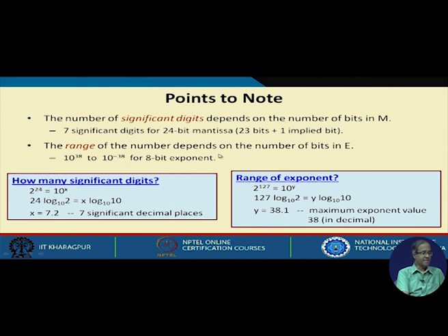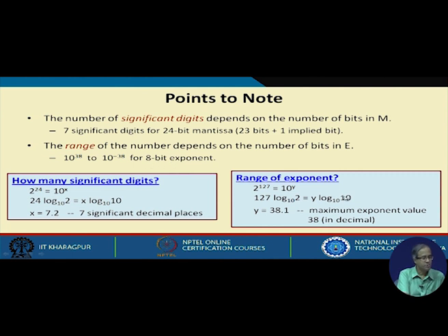Similarly, for the exponent in a single precision number, you have 8 bits, and this exponent can be either positive or negative, 2 to the power plus something or 2 to the power minus something. This 8 bit field you can regard as a 2's complement signed integer. Range will be minus 128 to plus 127 in 8 bits. So again, if you want to find out the range in decimal, you follow a similar calculation. 2 to the power 127 is equal to 10 to the power y.